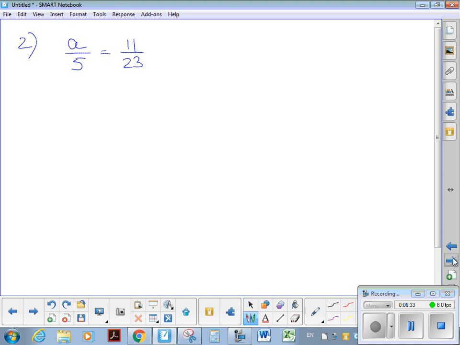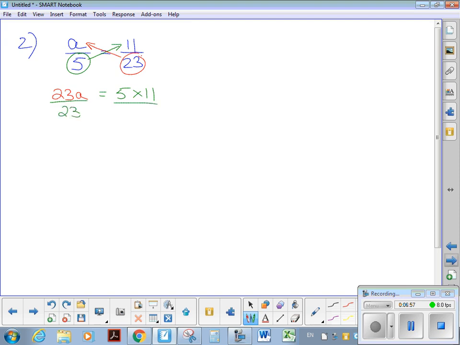What do we do? Step 1, cross multiply. All right, so that becomes 5 times 11. The other one is 23 times A. Well, you just write it as 23A. Now you divide both sides by the number in front of the letter.